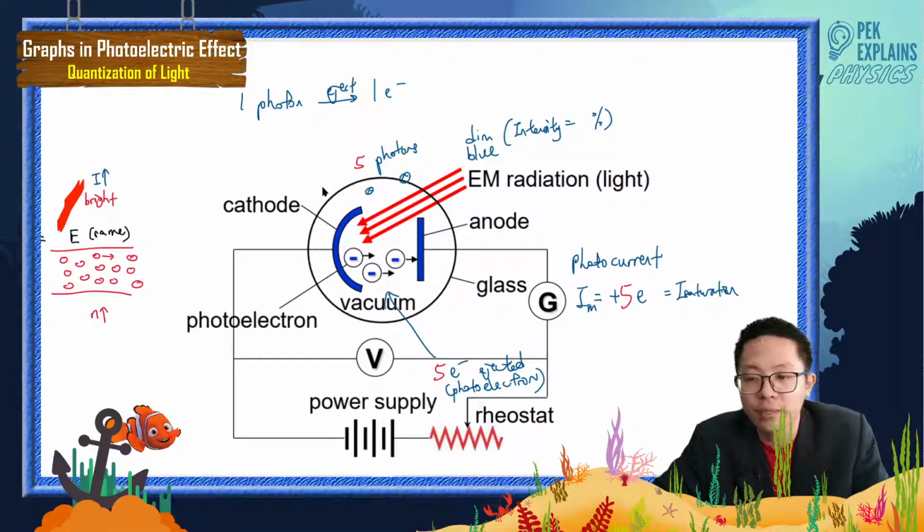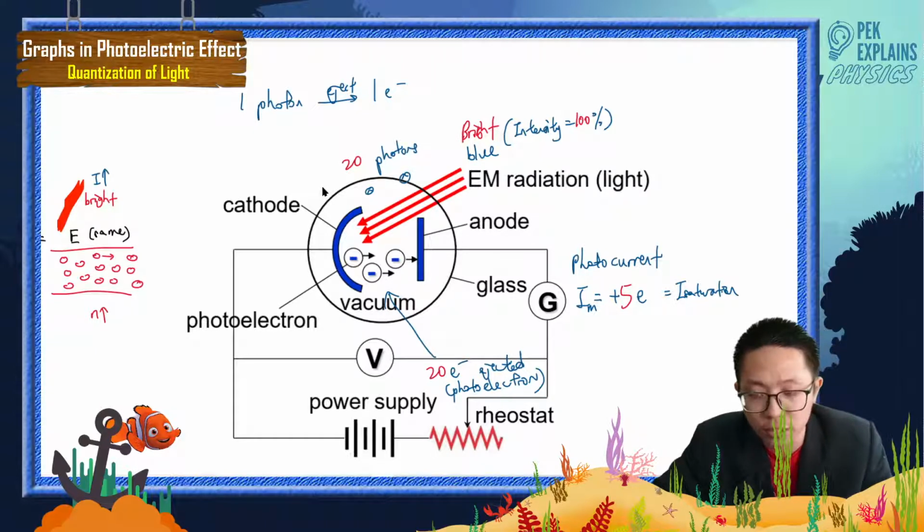If you have 100% intensity, very bright light, now you are using a bright blue light, maybe you have 20 photons coming. You can eject 20 electrons, and the current records positive 20 electrons, the saturation current.